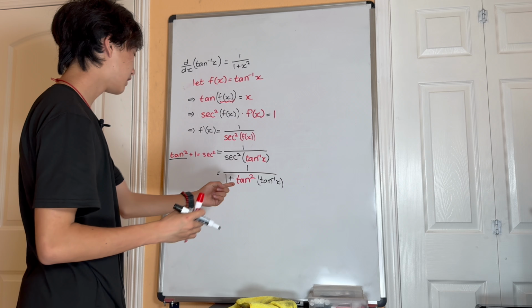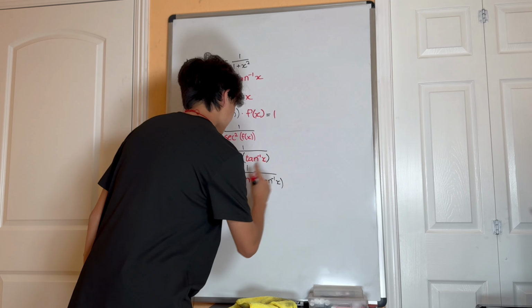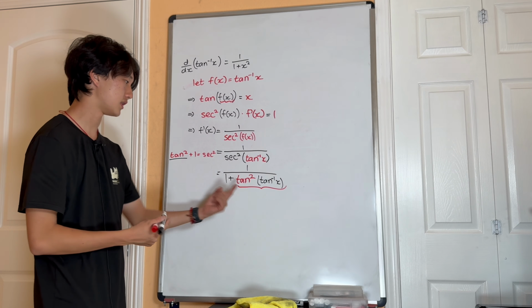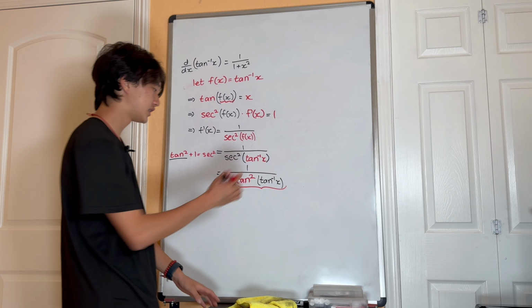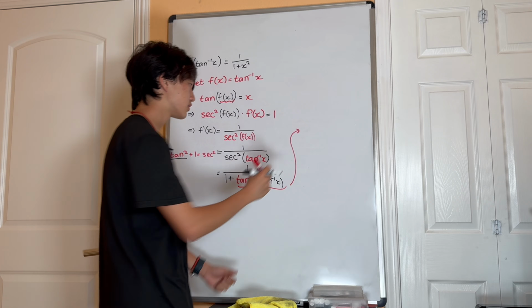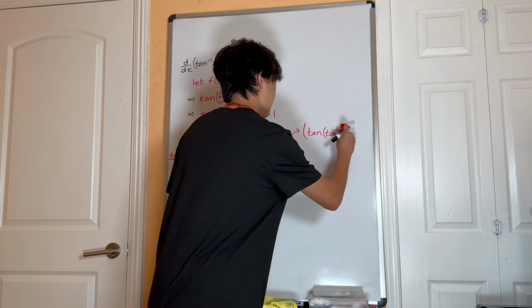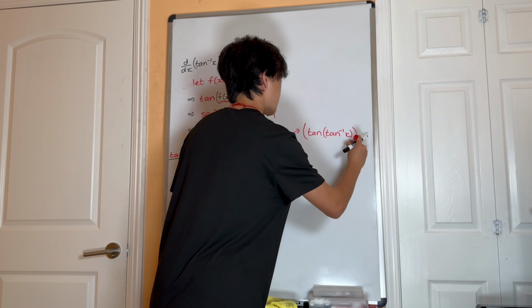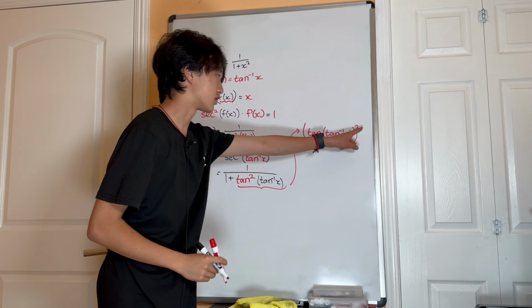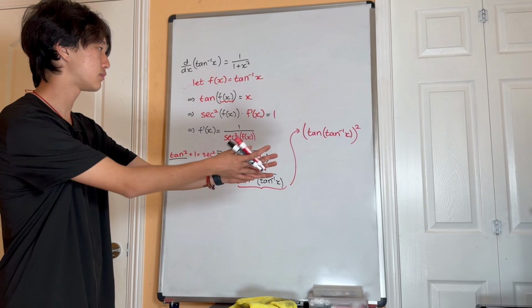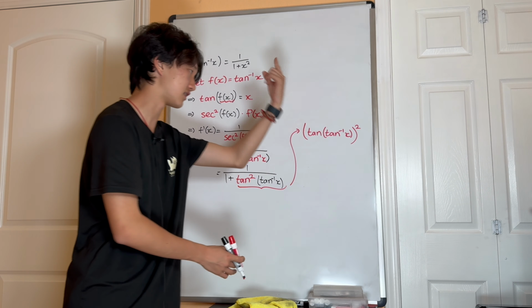Okay, so now we're going to take a look at this right here. To some people it may be obvious, to some people it may not, but this square is really just taking this tangent function and squaring the whole thing, right? So we can also rewrite it as tangent of inverse tangent, and then square the whole thing. The square being on the outside and the square being directly applied to the tangent means the same thing. It just means this function is getting squared.